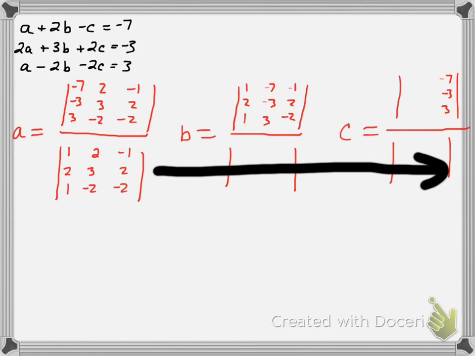And for C, that would be the first and second columns. And now it would be a little bit of a process, but now your job would be to find those determinants.